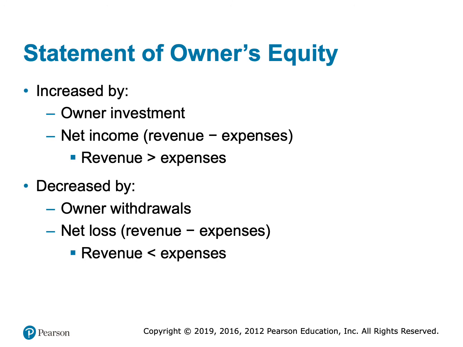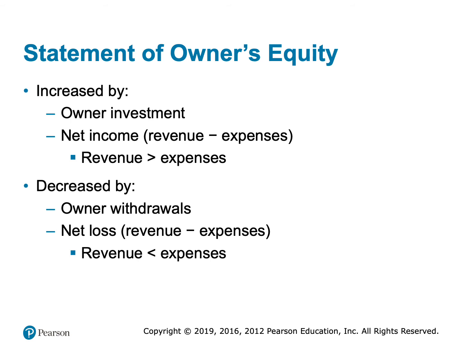So the second statement we're going to look at is the statement of owner's equity. If we're talking about a corporation, we may call this the statement of stockholders' equity or even the statement of retained earnings. So owner's equity is increased by 2 things, owner investment and net income, profitable operations.